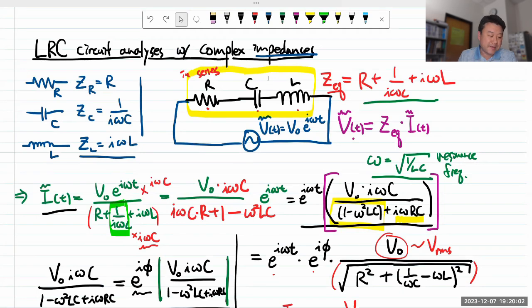Experimentally, the one big thing that makes a difference is the role of the resistor. So here, the resonance behavior shows up in current. In order to measure the current, you do need to measure the voltage across the resistor to calculate the current that way.